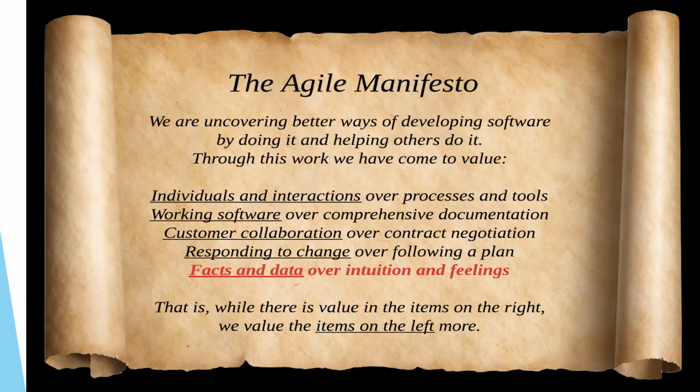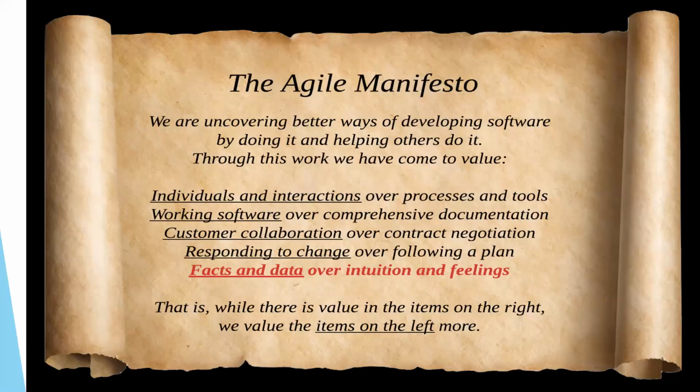Working software over comprehensive documentation, customer collaboration over contract negotiation, responding to change over following a plan, and fact and data over intuition and feelings. I think that one has just been added recently. That is to say, while there is value in the items on the right, we value the items on the left most.